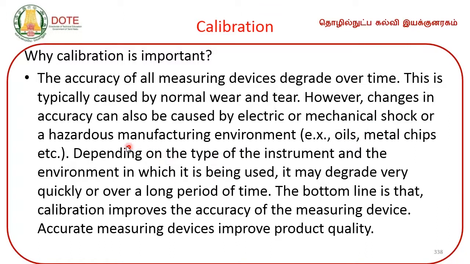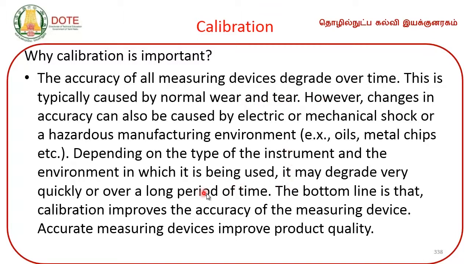Or maybe an instrument used in a hazardous manufacturing environment, with oil, metal chips etc., may have its performance and accuracy affected. So, depending on the type of instrument and the environment in which it is being used, there is a possibility for the performance of the instrument to degrade.